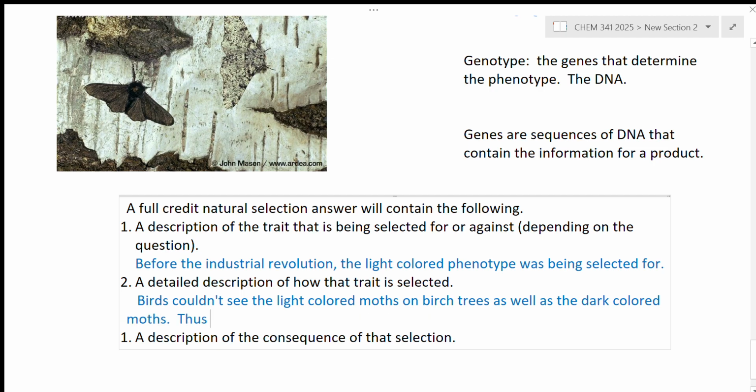Thus, the light colored moths were more likely to escape being eaten.